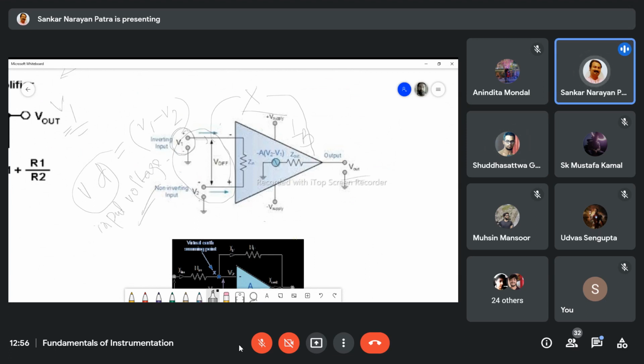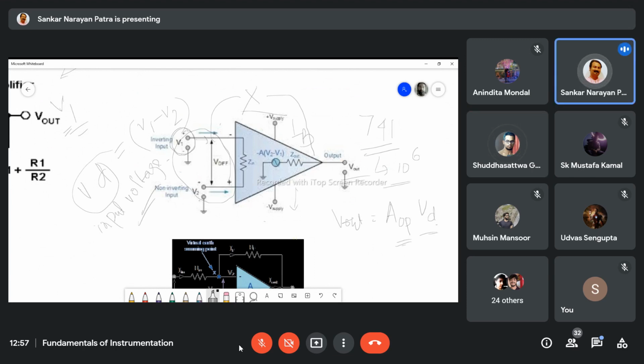The output voltage V output is always the open loop gain times the differential voltage VD. Now what is the open loop gain? Normally the popular IC is the 741, and that op amp has a gain of 10 to the power 6.